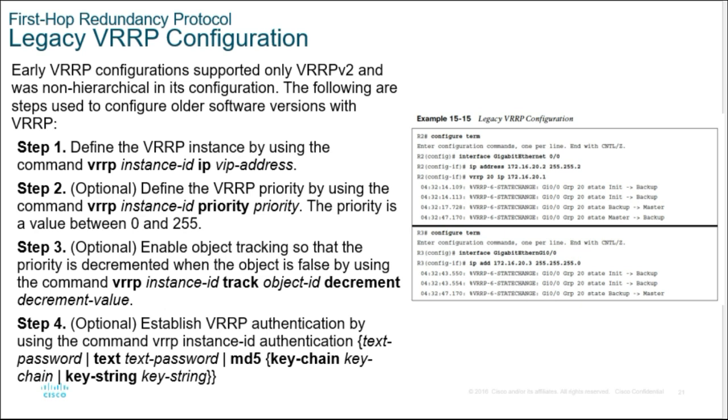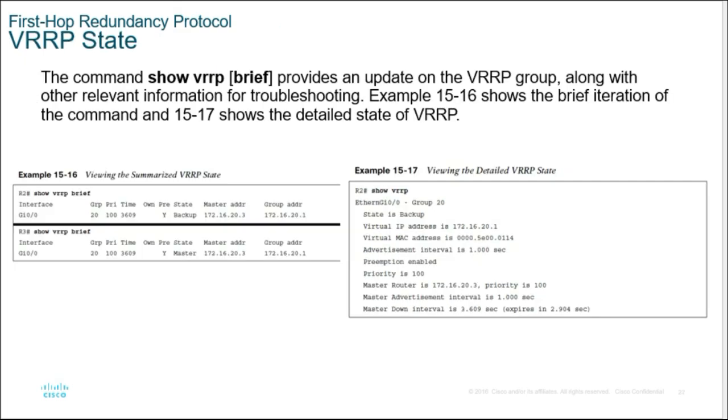You can also do object tracking in VRRP by having the keyword track and the object ID. And then the action, for example, you can decrement some values such as priority. VRRP also supports authentication.